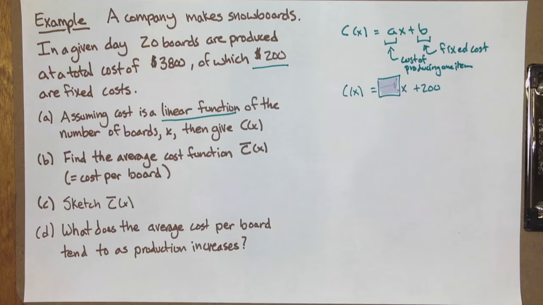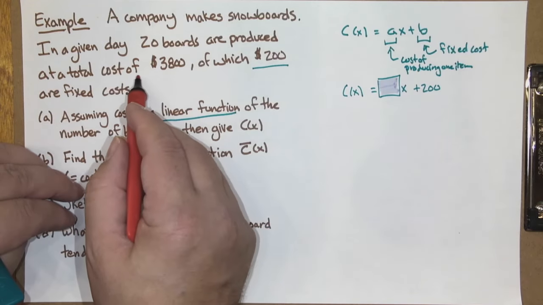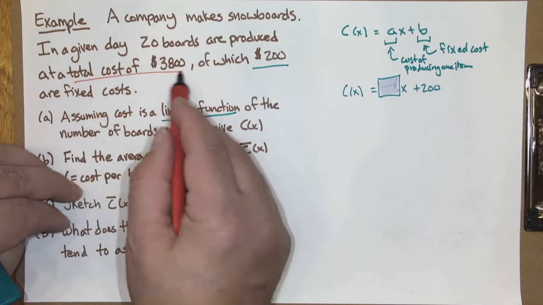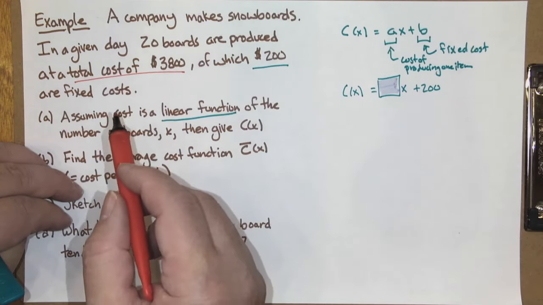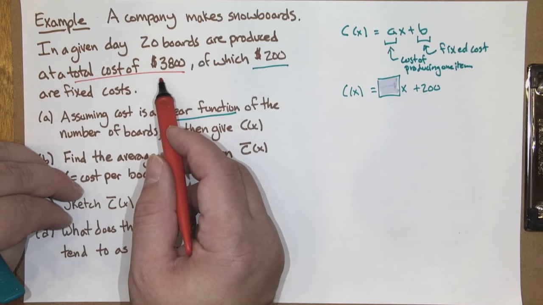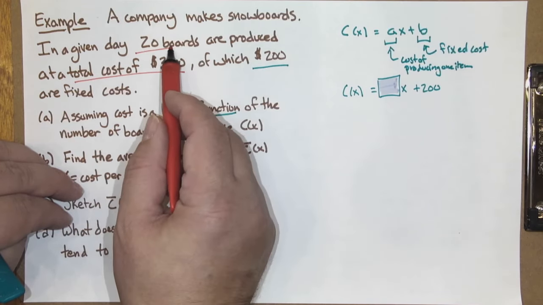Well, what information do we have that we haven't touched yet? $3,800. Notice that's the total cost. That includes your fixed cost and your variable cost. And how many did we make? 20.